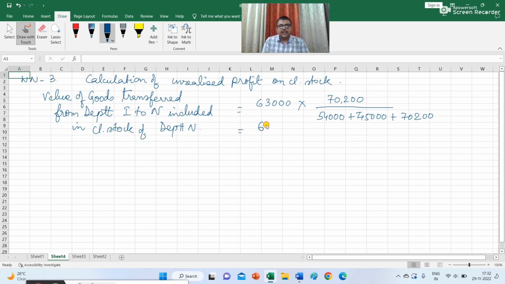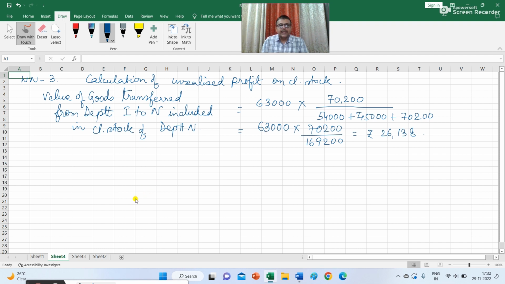So you will get 63,000 multiplied by 70,200 and divided by 1,69,200. So you will get 26,138. So the closing stock of department N, which was 63,000, includes 26,138 as the value of closing stock that was transferred by department I to department N.